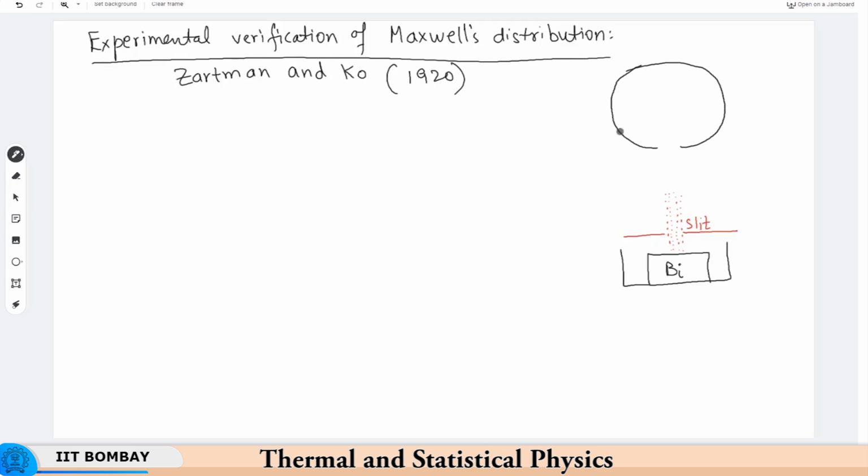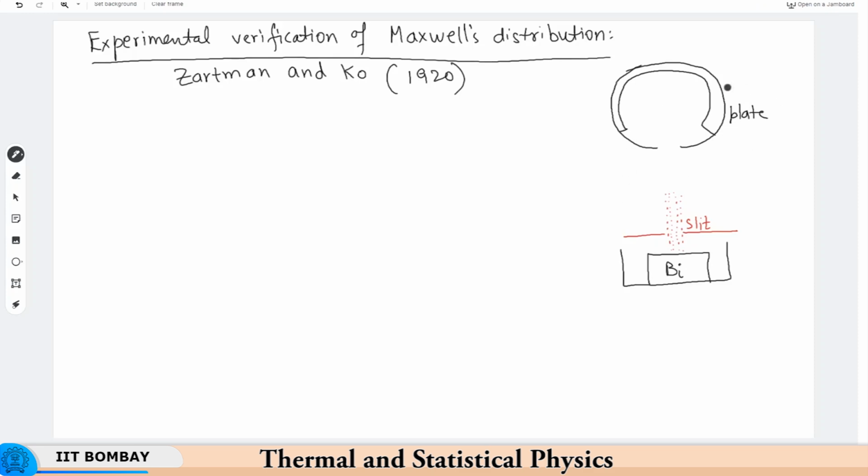And there is a plate on which these bismuth molecules get deposited and they leave a mark. You can see the deposition with the eye.